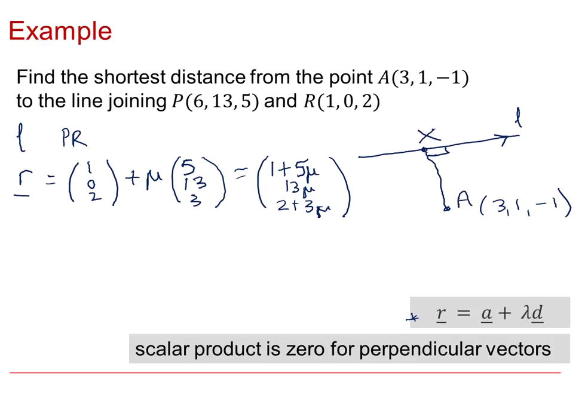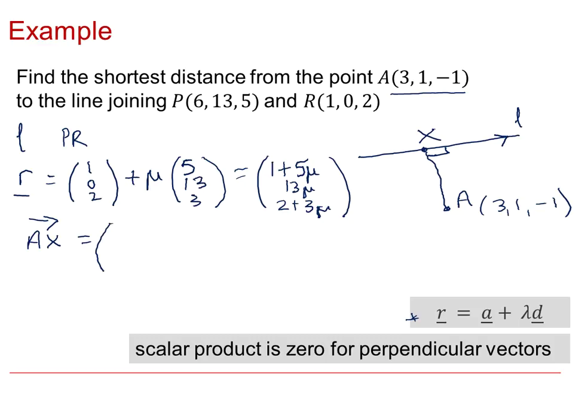Alright, so let's have a look at what the vector AX would look like. We know from up here that A is 3, 1, minus 1.